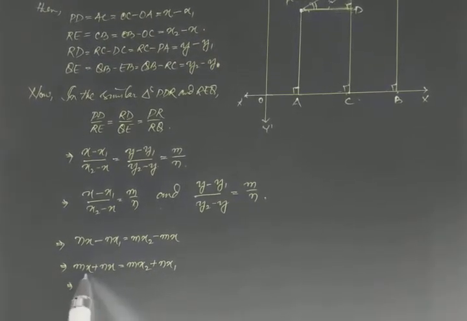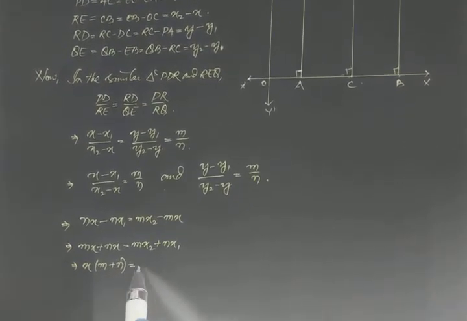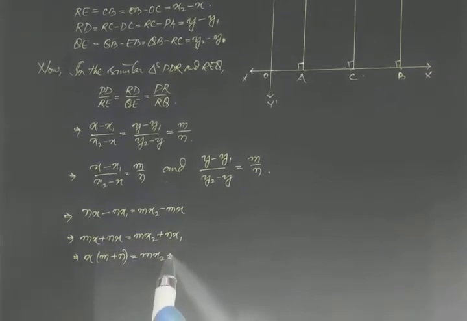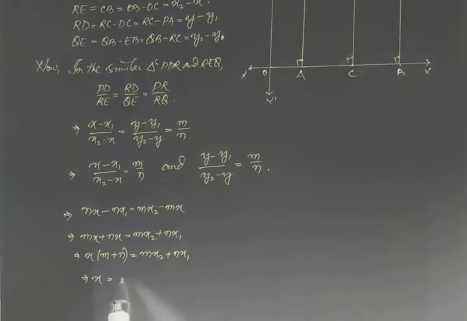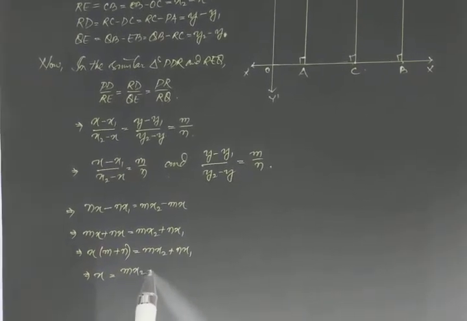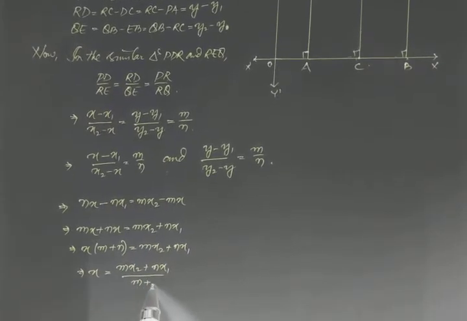Now on the left hand side, taking x common, we have (m plus n)x, which is equal to mx2 plus nx1. Now x is equal to (mx2 plus nx1) divided by (m plus n).